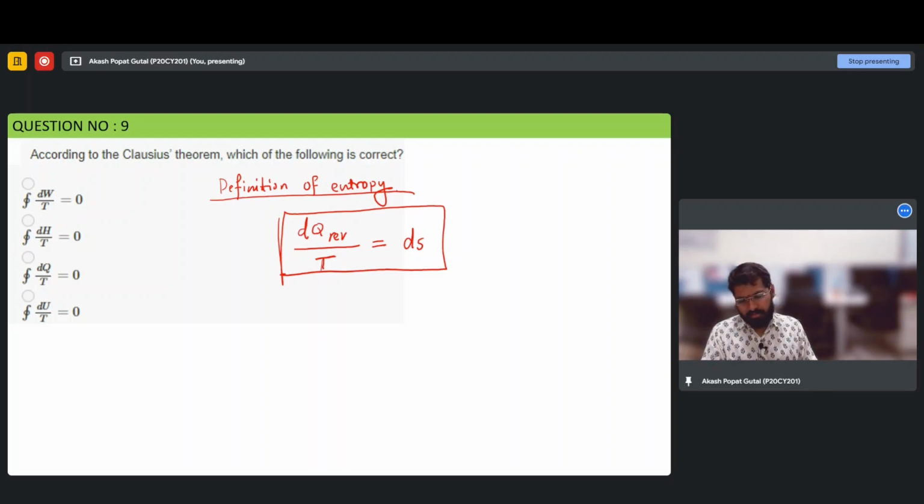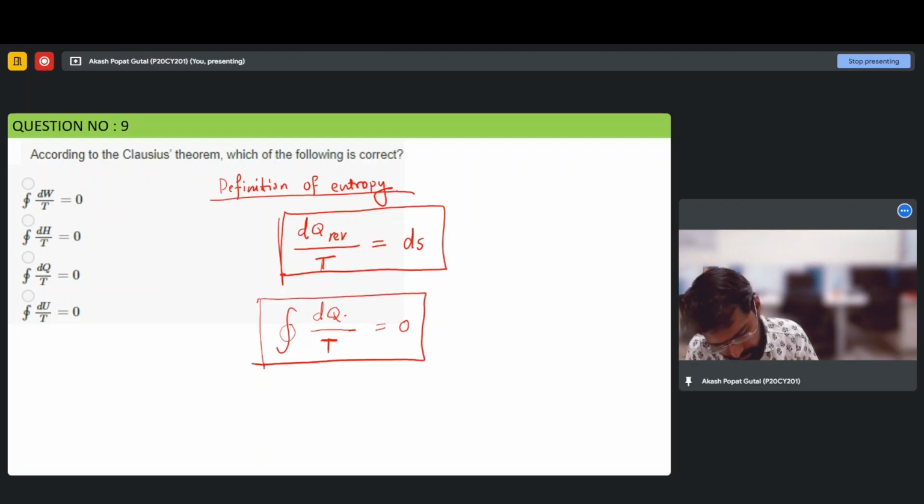And we know by the definition of entropy that the cyclic integral of Q divided by temperature is zero, because S is a state function. Answer should be C. So this is the Clausius theorem.